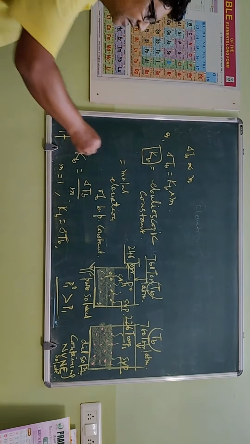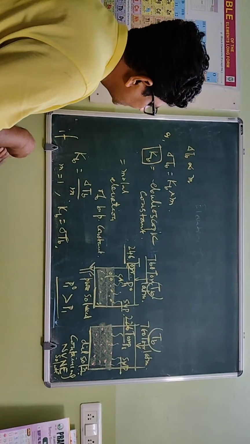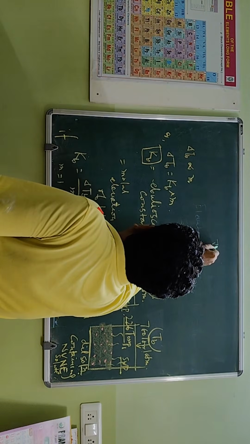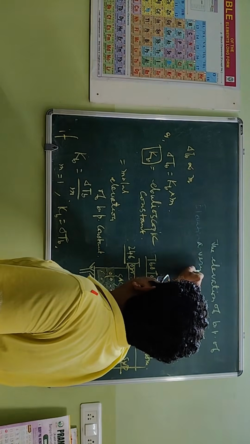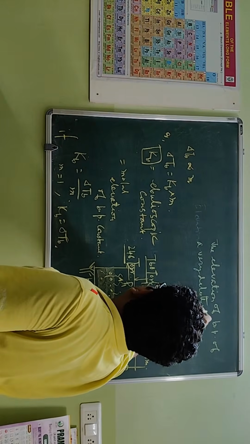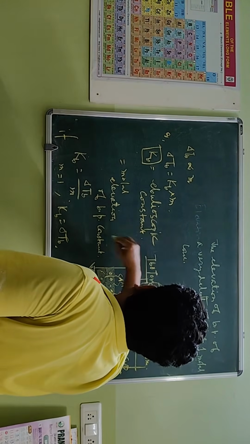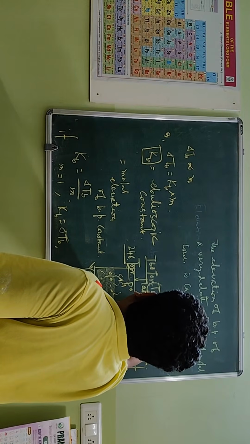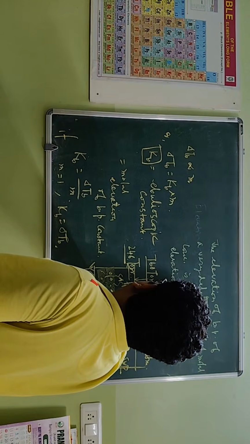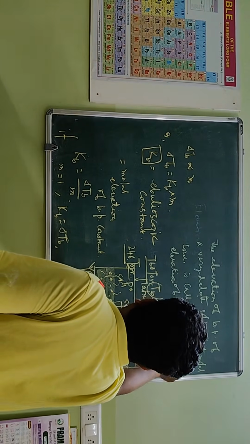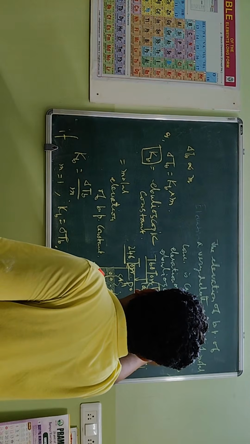So we can define Kb, the ebullioscopic constant of a solvent, easily: the elevation of boiling point of a very dilute solution of 1 molar concentration is called the molar elevation of boiling point constant, or ebullioscopic constant, Kb.